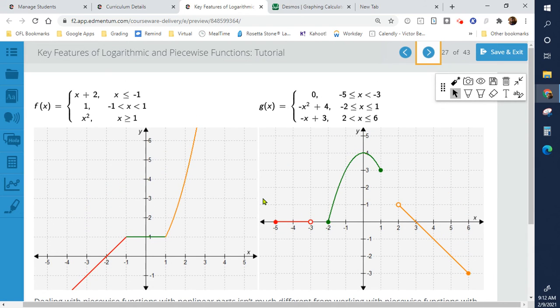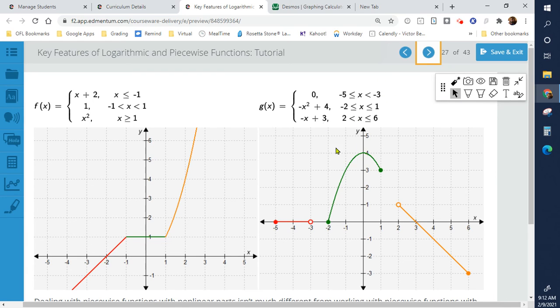Moving on from there, we see that there's another function. Piecewise functions basically have different equations that work for different inputs. Here we're talking about g of x. This function g measures the same thing, but it changes based on the certain input.